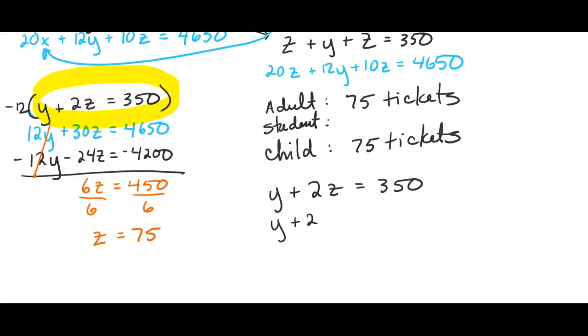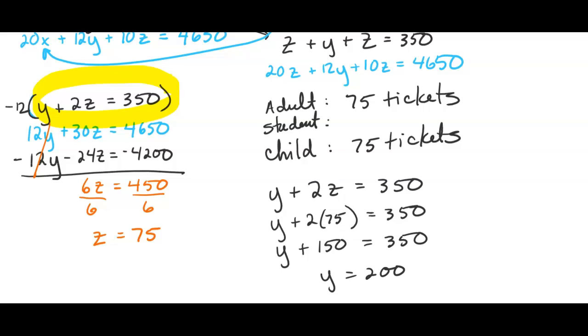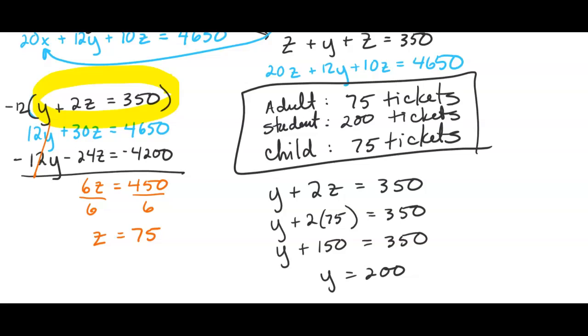Y plus 2 times 75 equals 350. Y plus 150 equals 350. So Y equals 200. So I sold a lot more student tickets, but okay, so 200 tickets then for the student tickets. And you could check that, multiply it out with the money and see if it works out to be the right answer. So hopefully it does.